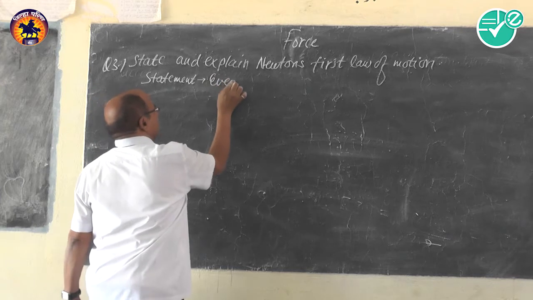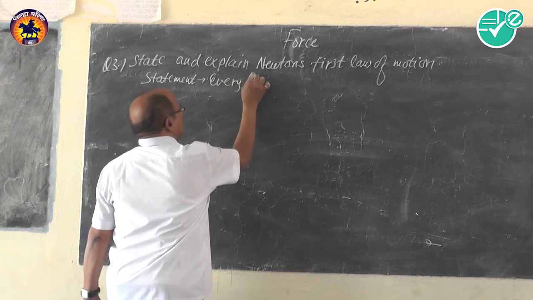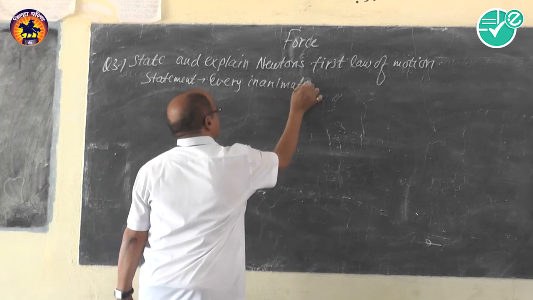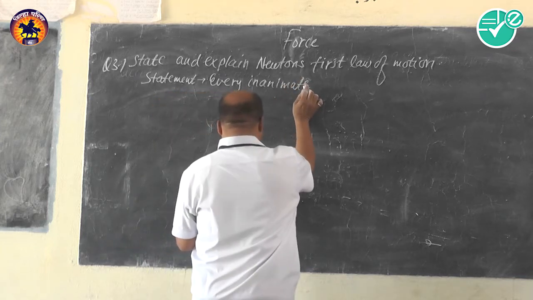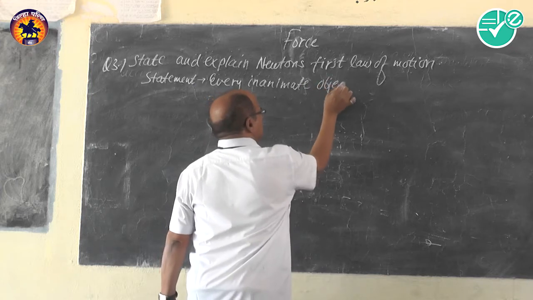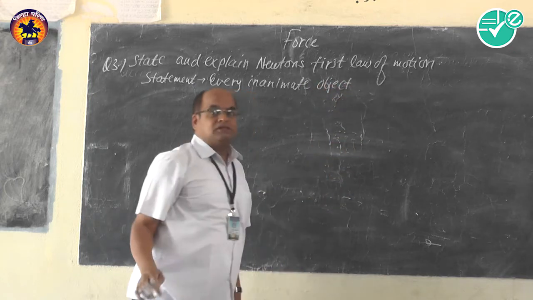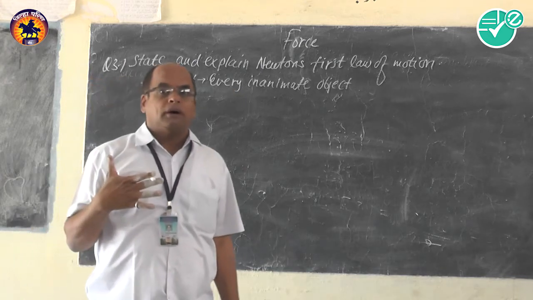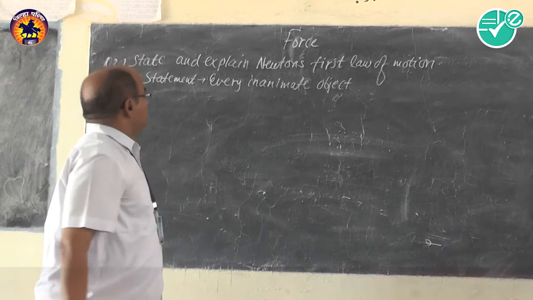Every inanimate body or object continues to be in a state of rest or in a uniform motion. Inanimate means non-living. Newton's laws of motion do not apply to human beings.